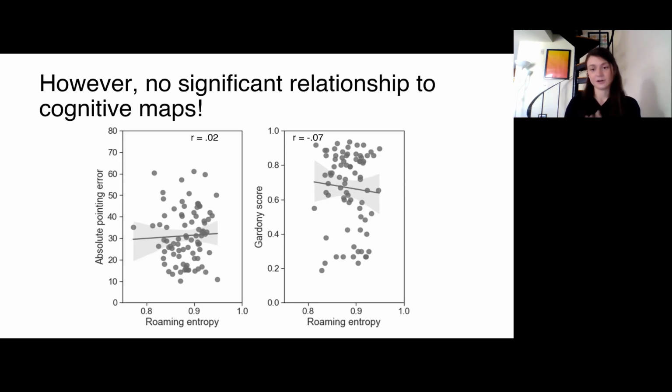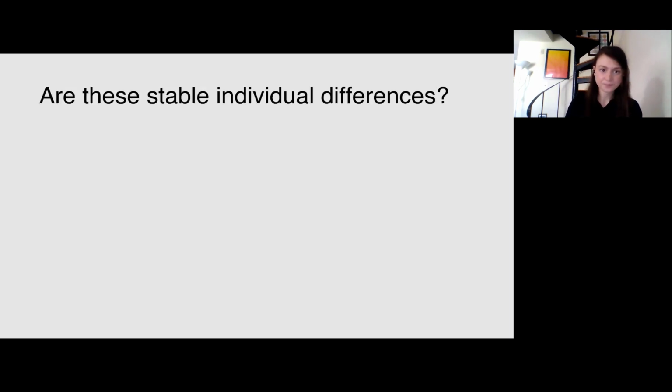And so the paths are what's driving the spatial representations. Whereas maybe in an open arena, this measure of roaming entropy would be a more precise one, because it would capture this openness of the space.